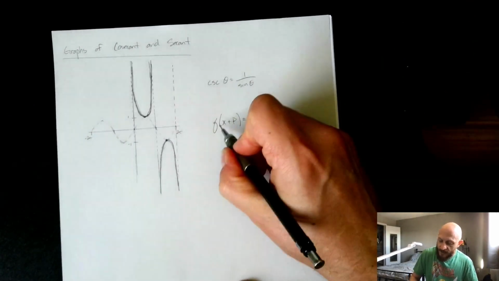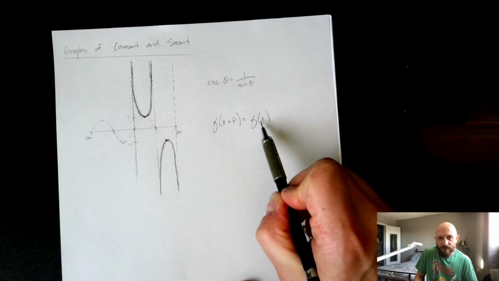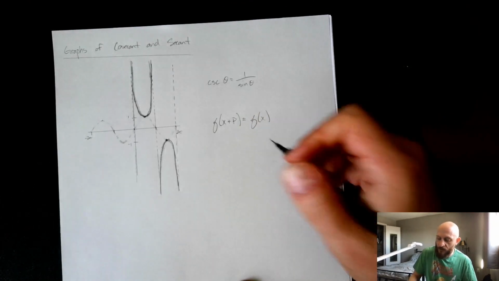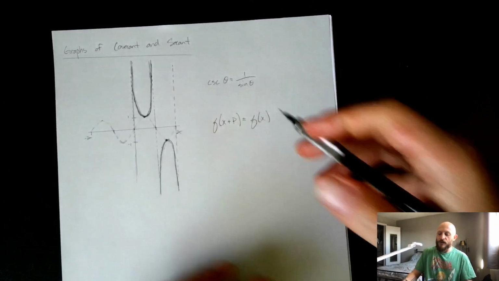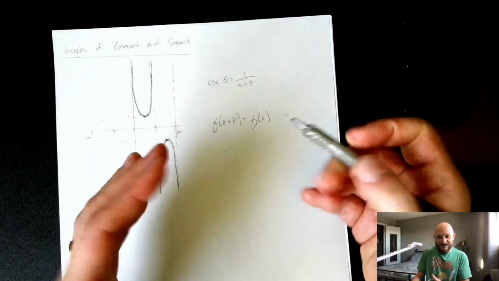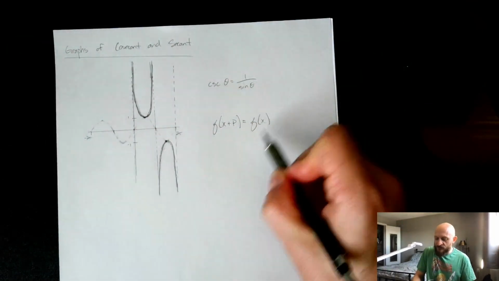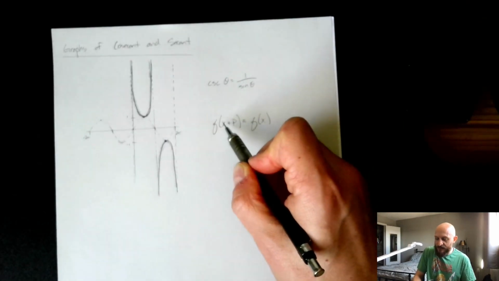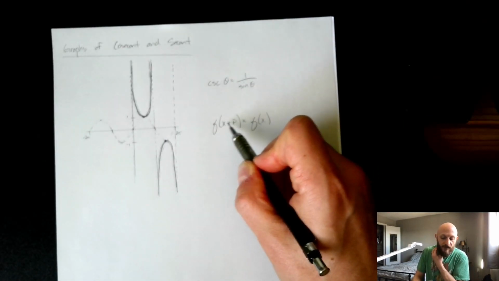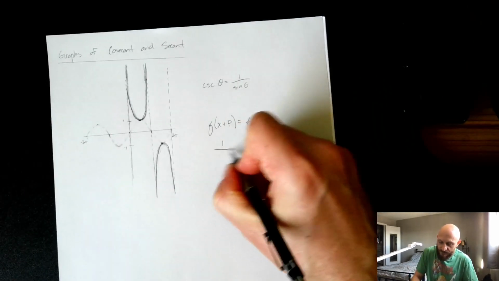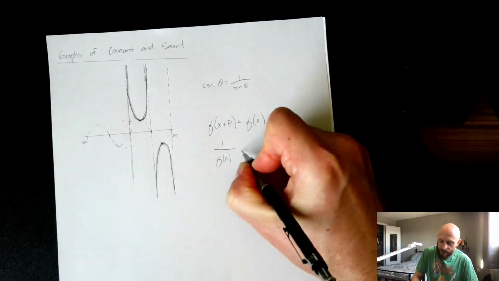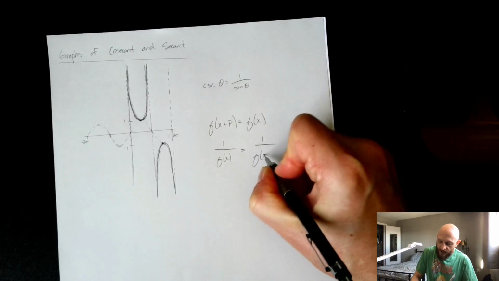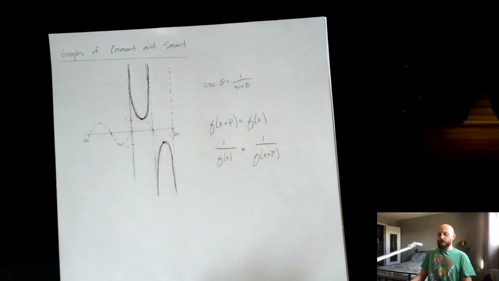Well, if we have some function f for which f of x plus p equals f of x for all x, then we can divide through. This is just an equation. If I divide both sides by f of x and by f of x plus p, I just get this: 1 over f of x equals 1 over f of x plus p.